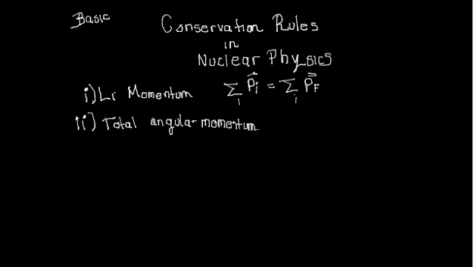That is just the addition of the initial angular momentum of the nucleus plus the relative angular momentum in the entrance.